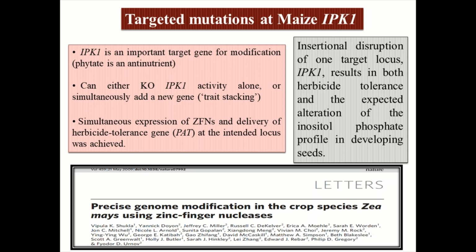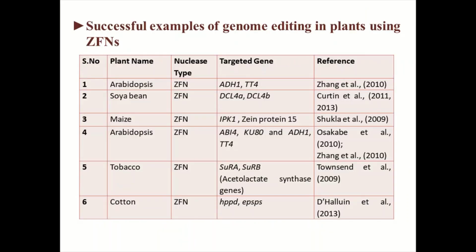Phytate accounts for 75% of anti-nutritional phosphorus and also contributes to environmental pollution when corn seeds are released in the environment as waste. So the objective of this study was twofold: first, to reduce IPK activity in maize, and second, to impart herbicide resistance to the corn plant. And these are some successful examples of genome editing in plants by using zinc finger nucleases.